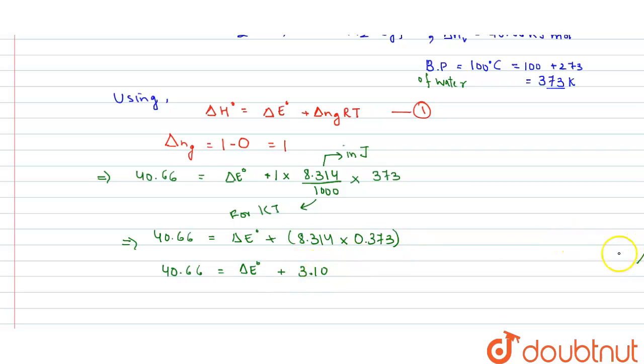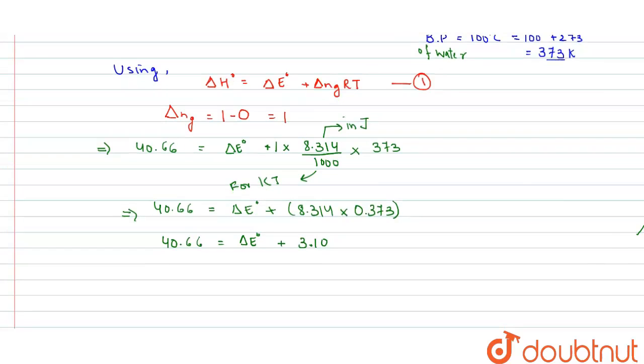Now we have to evaluate delta E naught. Taking this term to the left hand side, we get the final simplified answer for delta E naught, the change in internal energy, as 37.56 kilojoules per mole.